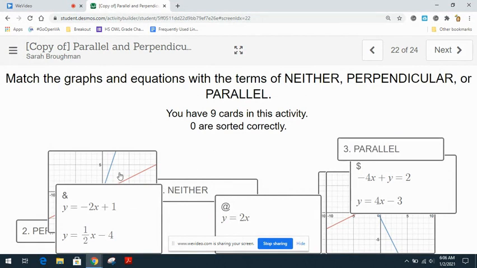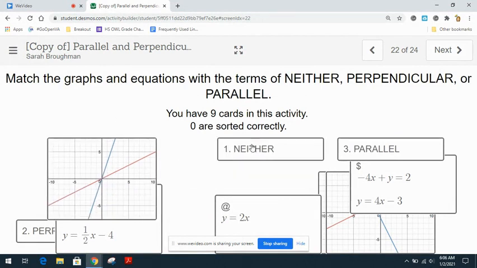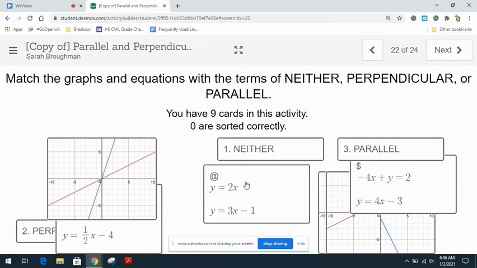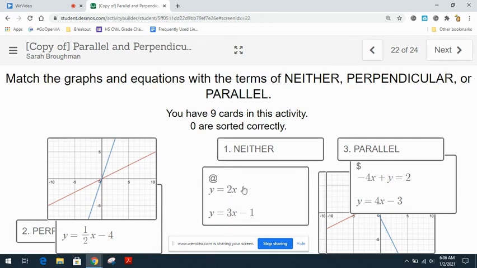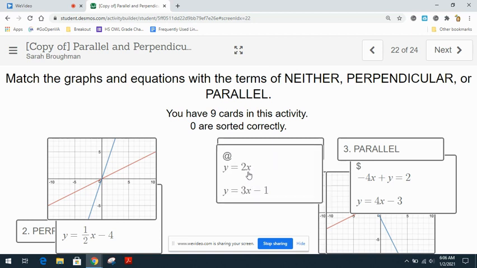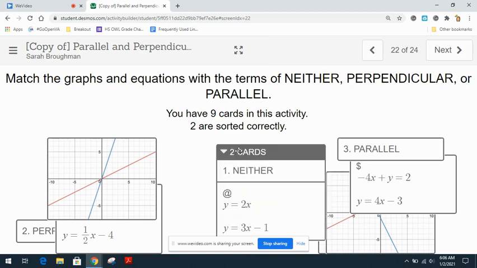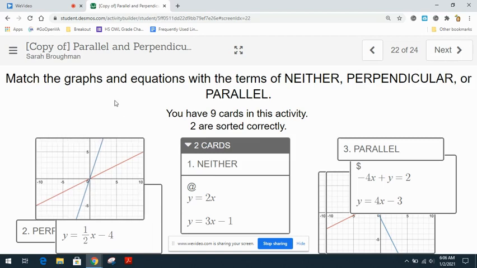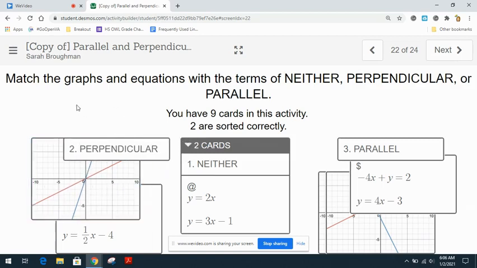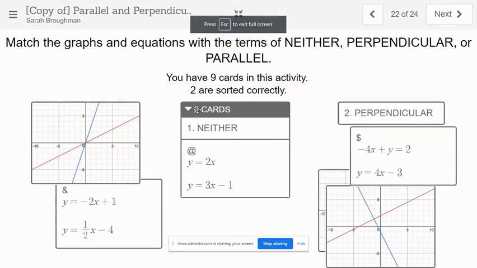And then we're going to match each of these. So let's see. Y equals 2x and 3x, so that's going to be neither. I have a perpendicular. See if I can make that bigger. There you go. And I know there's a parallel somewhere.